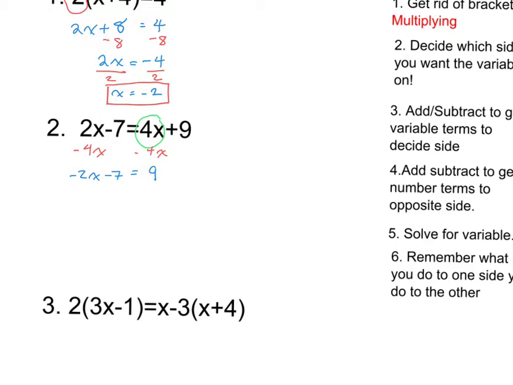So now, in order to get the numbers onto the other side, we have to remove this negative 7, which is on the left side. What we're going to do is add 7 to both sides, so plus 7 and plus 7. So we end up with negative 2x is equal to 16. So now in order to solve for this, I divide both sides by negative 2, and we end up with x is equal to negative 8.